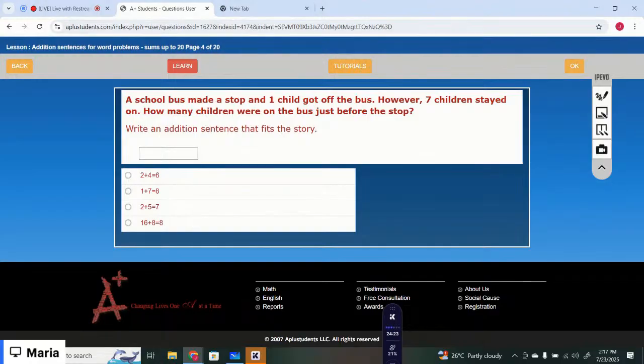That is 7 plus 1 equals 8. Option number 2 is the correct option.